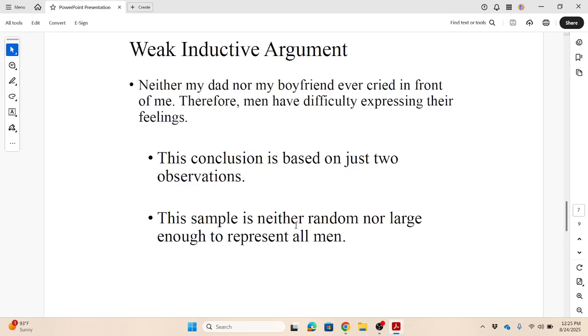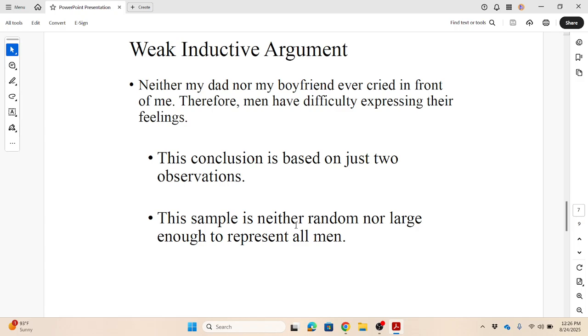And then a weak inductive argument, for example, neither my dad nor my boyfriend ever cried in front of me. And based on that observation, someone is making an assumption or a hypothesis, therefore men have difficulty expressing their feelings. So that conjecture or hypothesis is only based on two different people.